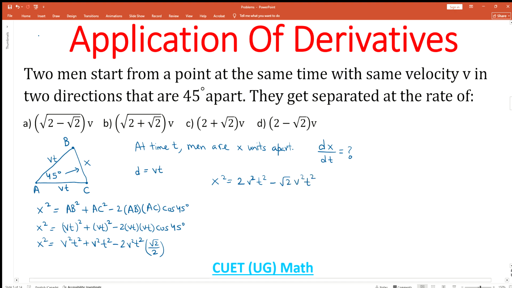Next, we can apply the square root to both sides to change x squared to x. Next, we can do common factoring from the terms under the square root. We can factor out v squared t squared from both terms.